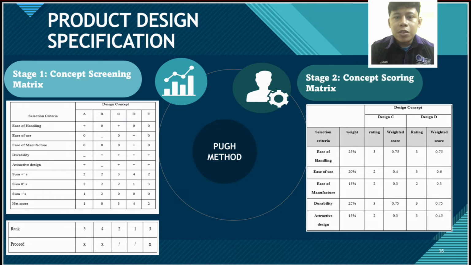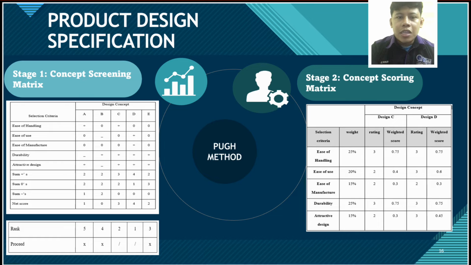Based on the table below also, the concept scoring matrix for design D was the most suitable compared to design C. From the criteria that have been listed, design D has the best score compared to design C. With the result that has been recorded, design D will be chosen and proceed to the actual plan and fabrication of the sand separation machine.